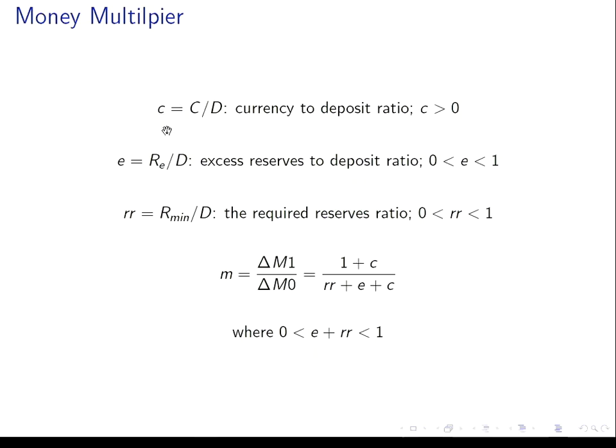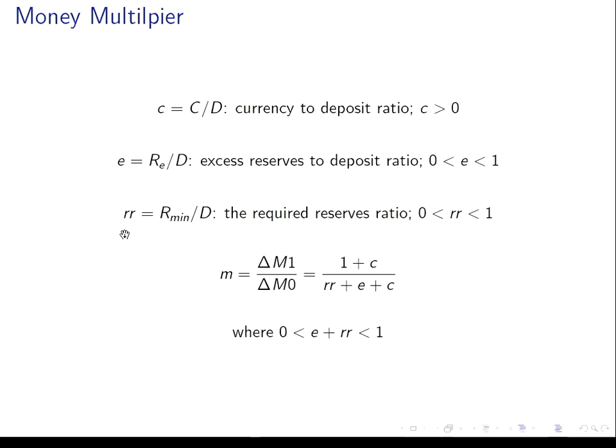That's the total currency in circulation in the banking system divided by the total deposits in the banking system. Then we have the excess reserves ratio. Now the excess reserves ratio is exactly what it means: the total excess reserves that all commercial banks hold divided by the total deposits in the banking system.